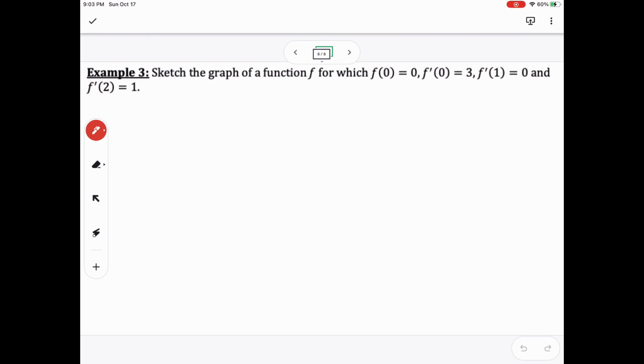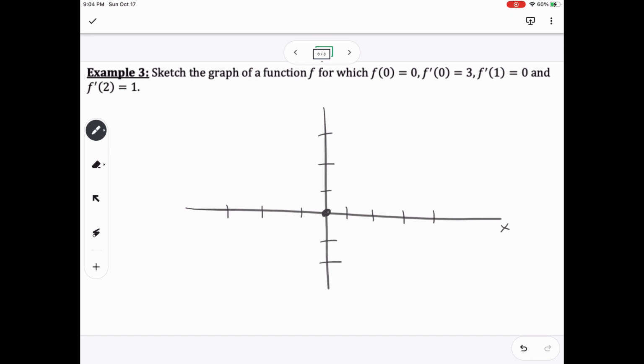Okay, now here, the last one, I want to be able to sketch a graph of the function given the information that I have. I can't write every possible answer to these, so I'm going to give you one. As long as you're using the information that you're given that is required, that is all that's needed. After that, there's more flexibility to see what these graphs are.